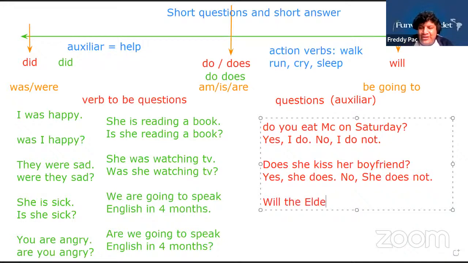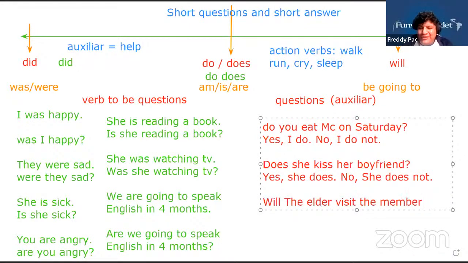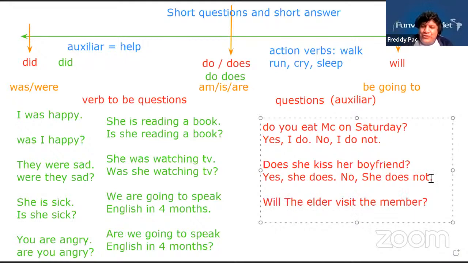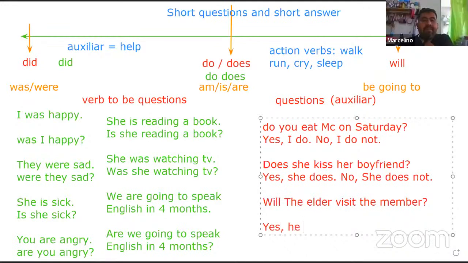Now, if it is in future, will the elder visit the members? It is in the future. So what is the short answer? Yes, comma, he will. Or what is the negative?